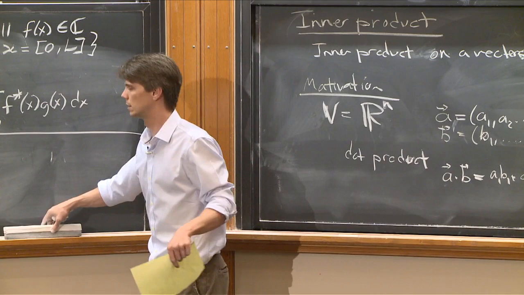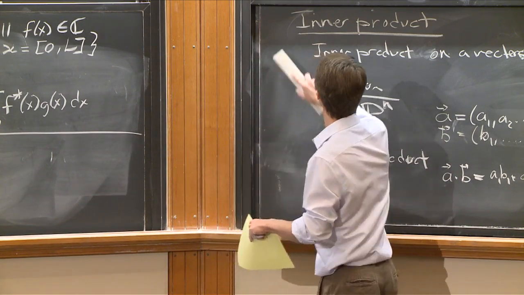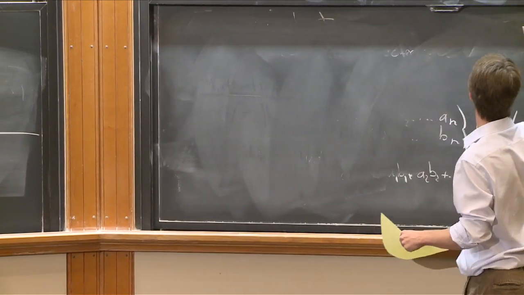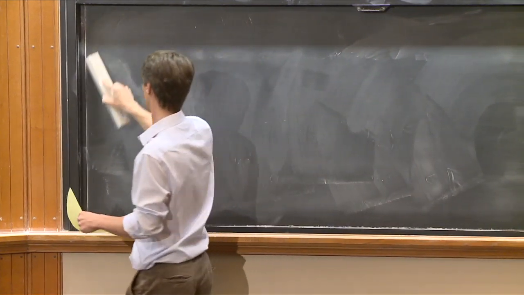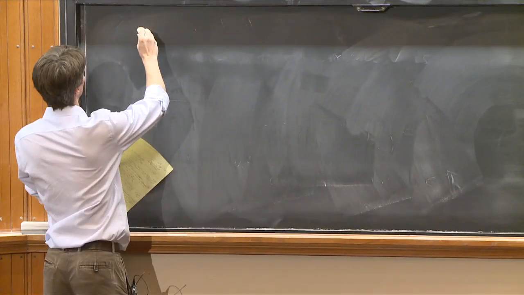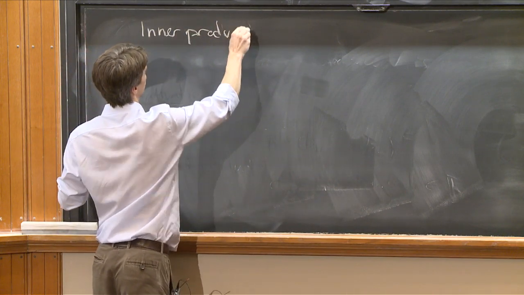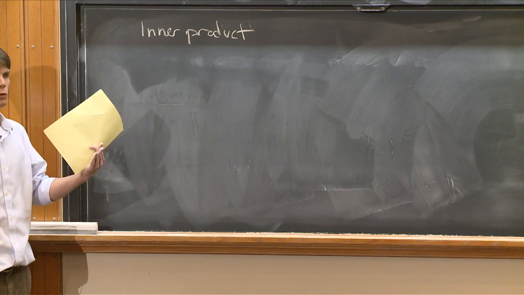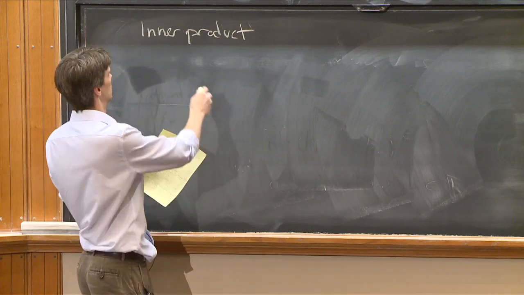So firstly, it lets us talk about orthogonality. Previously, we couldn't ask any question about two objects within our vector space. This lets us ask a question about two objects.